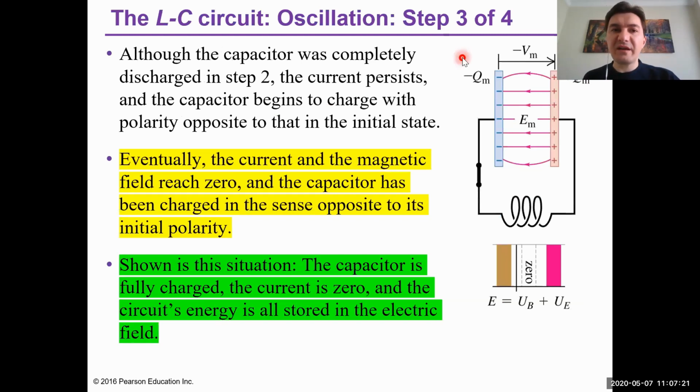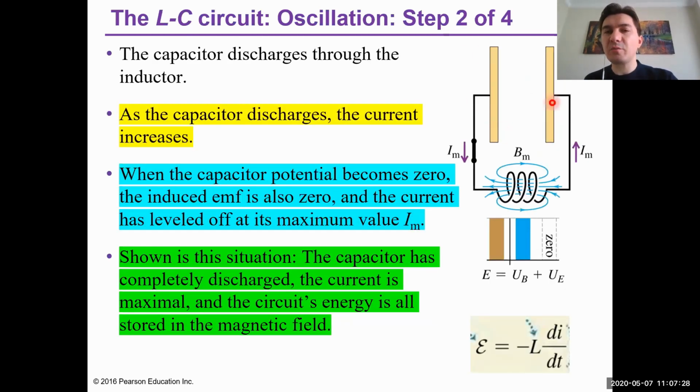So now step 3. What do we have in this step 3? The capacitor is completely discharged in that step, and all the energy is stored within the inductor. Then this energy will be spent to recharge the capacitor again, okay?